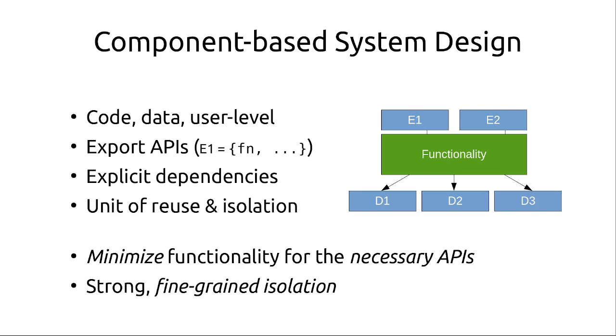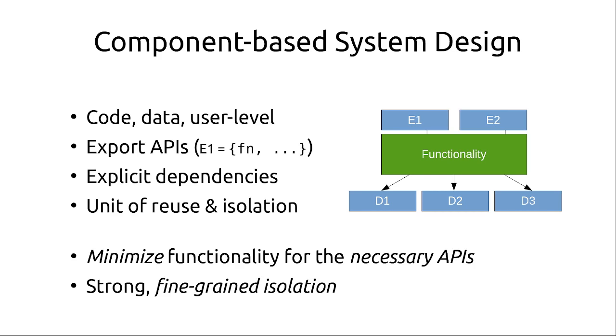When we think about components, we think about some code and the associated data executing at user level, and we call this the functionality. That functionality is typically an implementation of very specific APIs, where each of these APIs that gets exported for other components to use consists of a number of functions that have some sort of a supposed contract, some sort of a required functionality provided by the component itself.